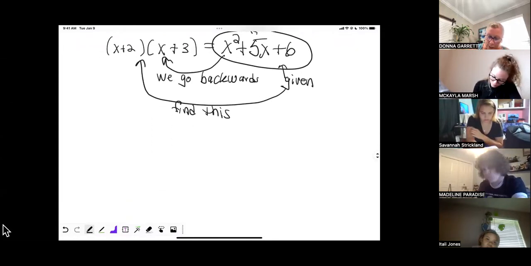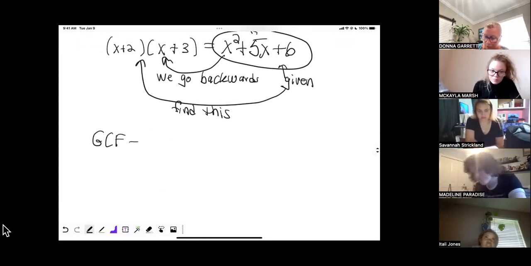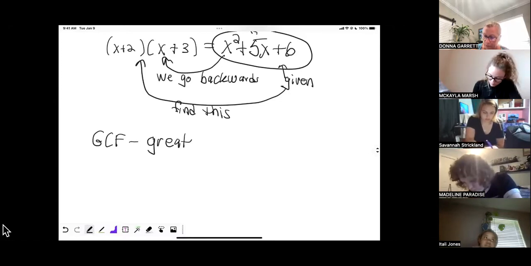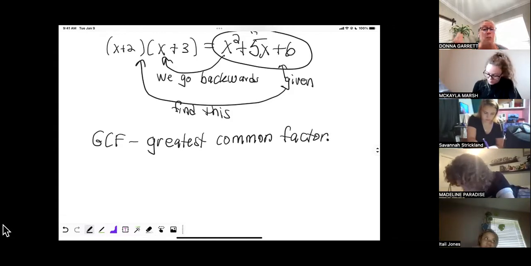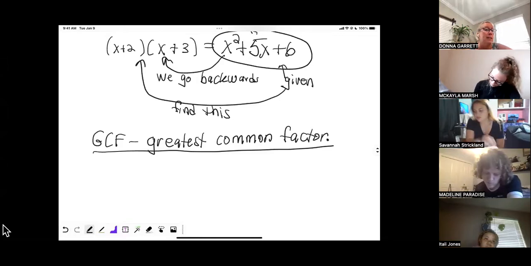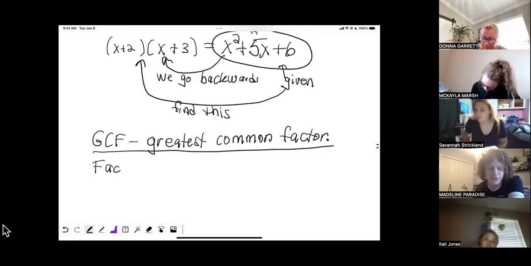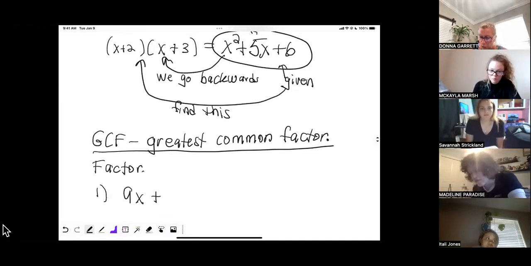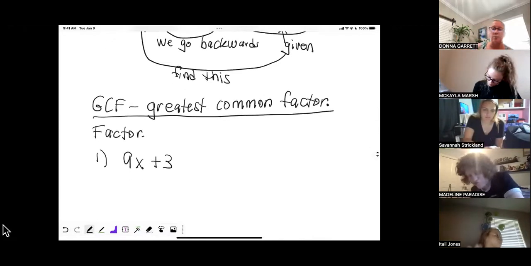Okay, so let's look at GCF. GCF is greatest common factor. You've done this before with other things in mathematics, but we're going to do this in a factoring kind of form. So if I said to factor 9x plus 3, what does it mean to find the greatest common factor?